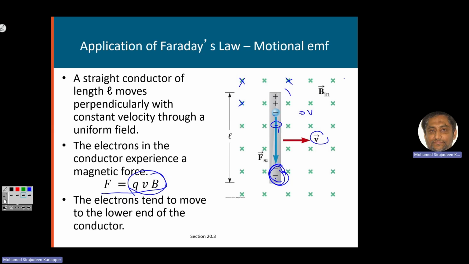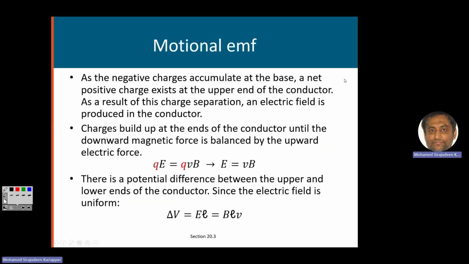As it builds up, there will be an electric force in the opposite direction. While the magnetic force is down, there will be an electric force up. It will build up an electric field because of the separation of the charges. So when another charge wants to come, it will experience an electric force up and a magnetic force down.